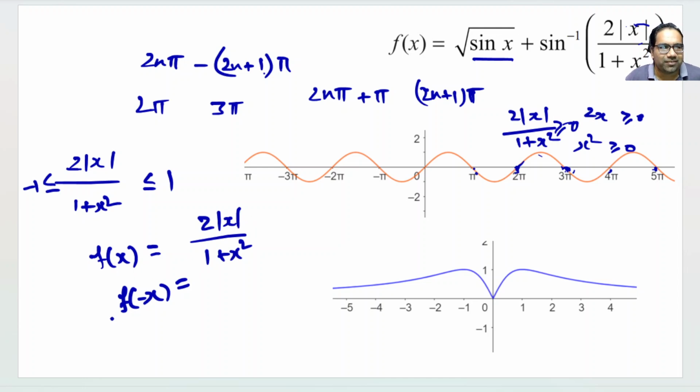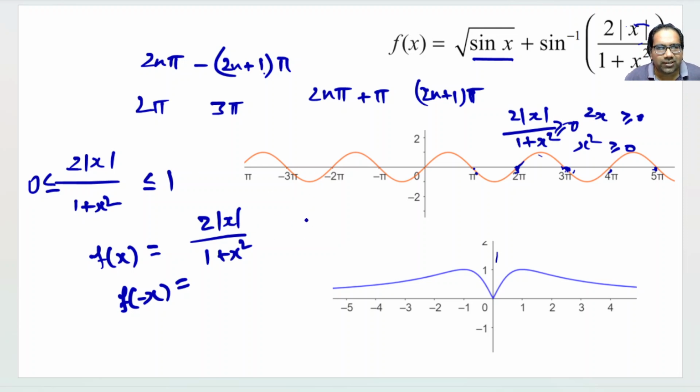So f of x equals f of minus x. Basically, the graph of this function will be symmetric with respect to the y-axis. It looks something like this. Now, it is not even about minus 1, it is about 0. Whether it is in the range of 0 and 1 or not is the question.